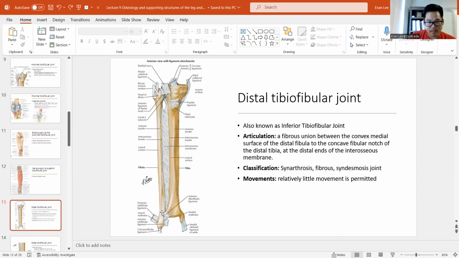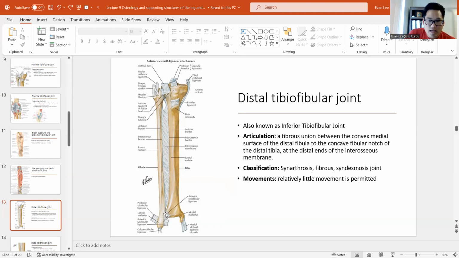You can see the fibula here, near that medial crest, but this is the fibular notch of the tibia that allows the fibula to rest inside of it.